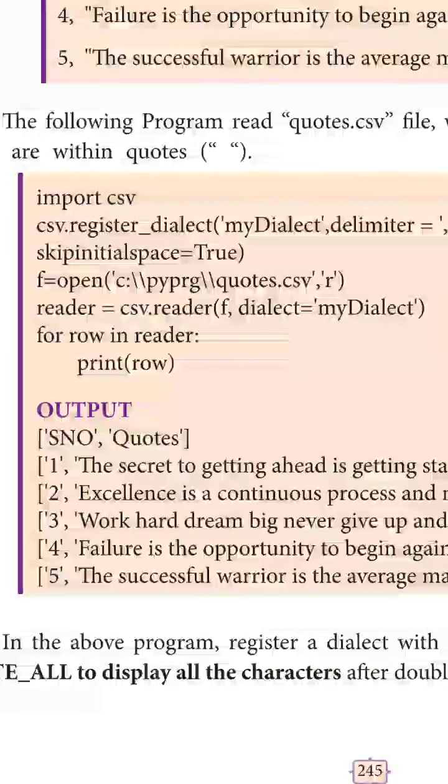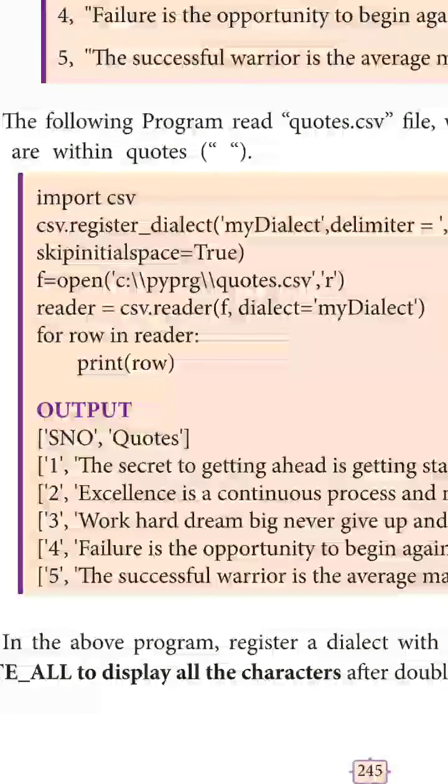So your output is given as comma, but in the above program, a new dialect called my dialect is registered, and using the delimiter, pipe is considered as the column separator. Okay, so each column will be separated using this pipe symbol. Okay, but here in the output it is given as a comma, but it will be shown in pipe symbol only.